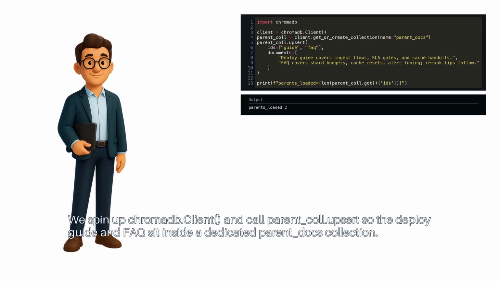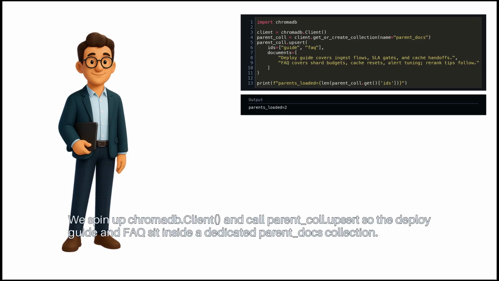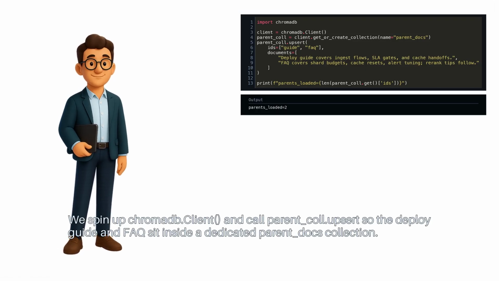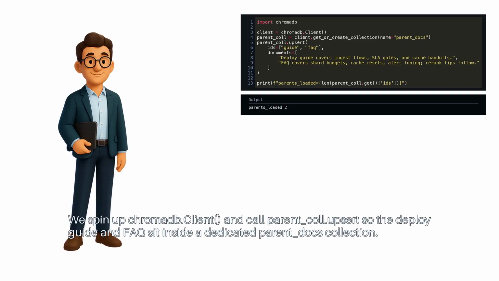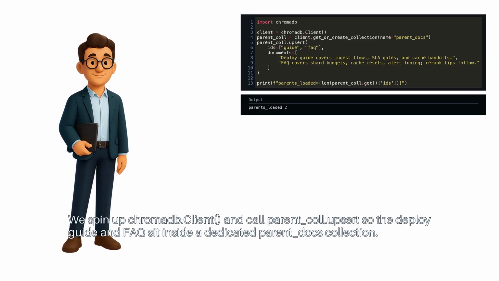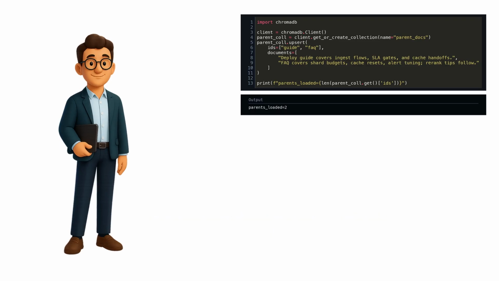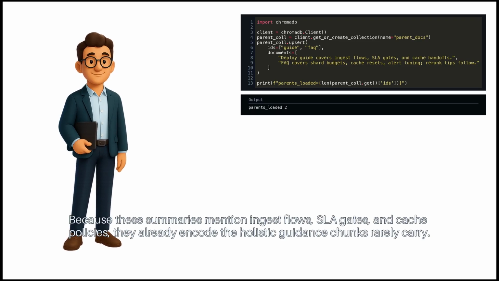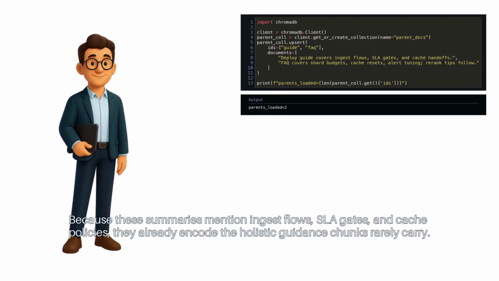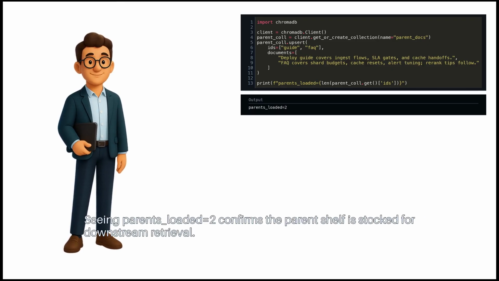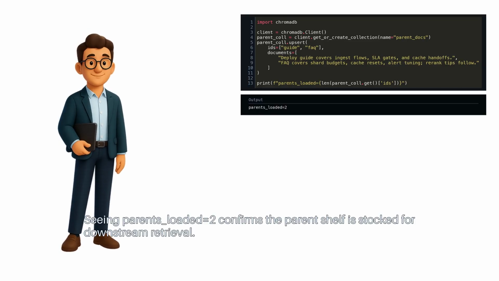We spin up the chromadb client and call parent_call.upsert, so the deploy guide and FAQ sit inside a dedicated parent docs collection. Because these summaries mention ingest flows, SLA gates, and cache policies, they already encode the holistic guidance chunks rarely carry. Seeing parents loaded equals 2 confirms the parent shelf is stocked for downstream retrieval.